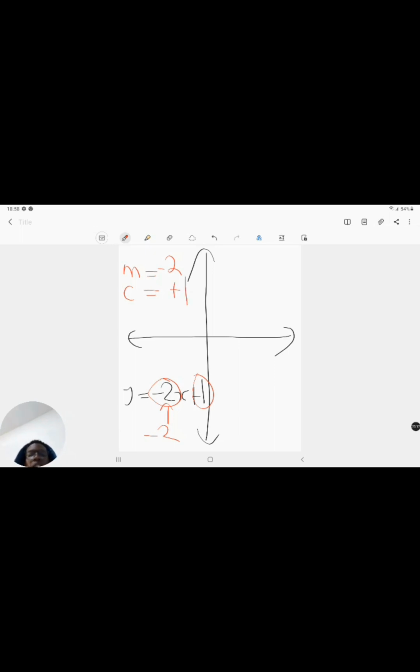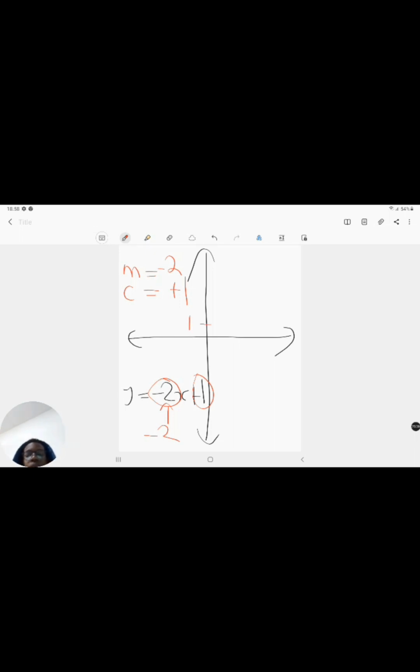And if you were to sketch this quickly, since c is equal to 1, and I know that c is the point on the Cartesian plane at which the graph cuts through the y-axis, you would tell me that 1 is somewhere there.